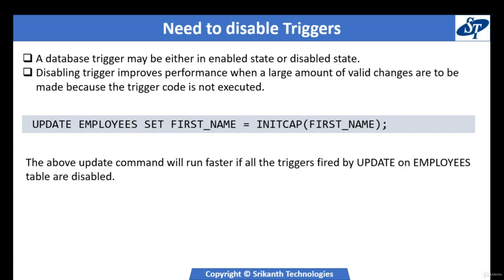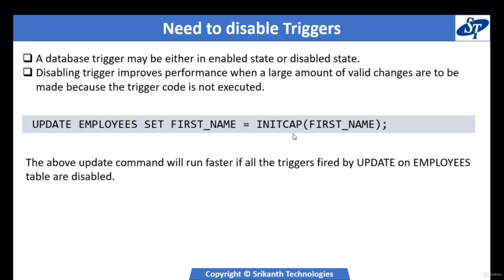It's all about performance, because if I'm trying to change thousands of rows, I don't want the trigger to be fired and a lot of time spent on executing the trigger for each row. So I would like to disable the trigger before I execute a command like this, which is changing the first name to init cap.